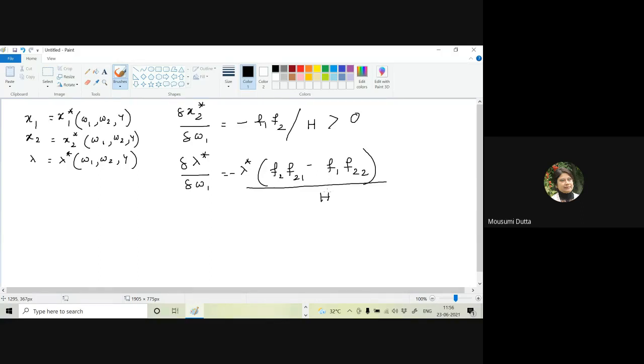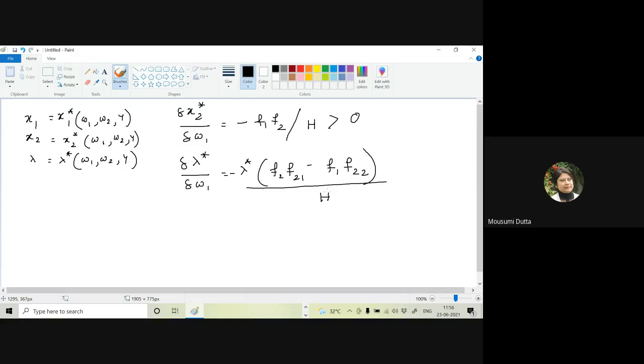If it is a profit maximizing problem, where there is strict concavity, in that case you will be able to predict the sign of this kind of derivative. However, when you are handling quasi concavity, you will not be able to predict the sign of these.